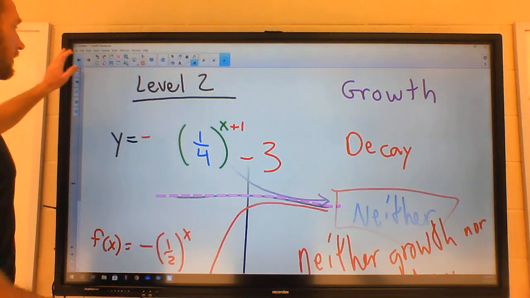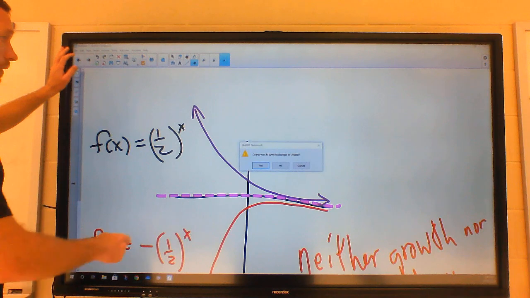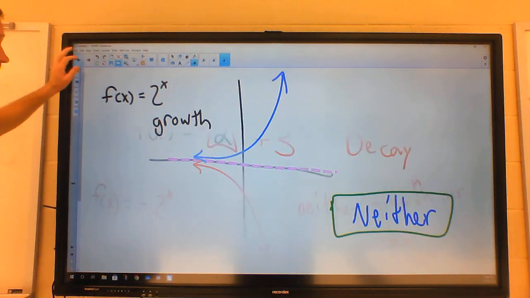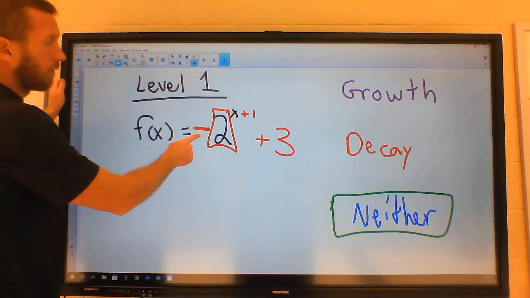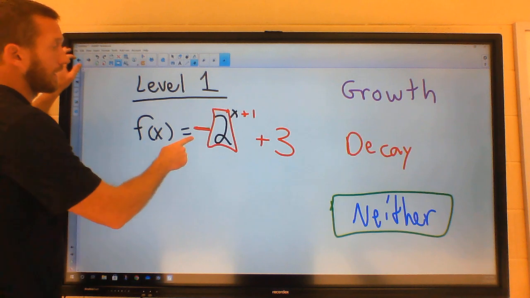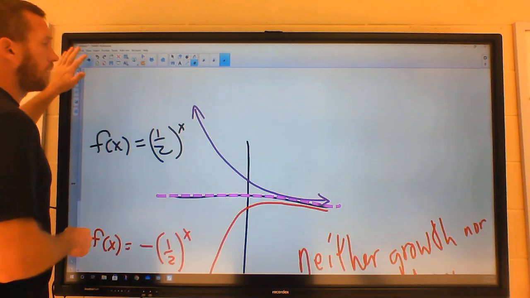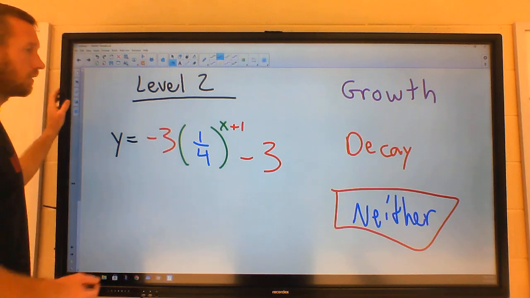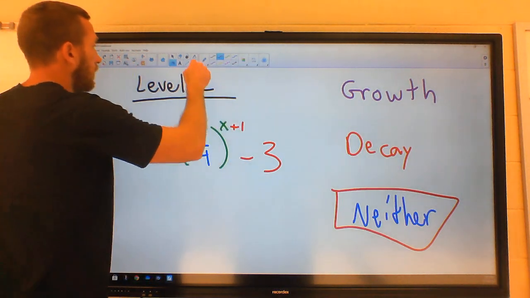In fact, the last problem we did over here, we had the negative, it was just a negative out front. You can think of that as like a -1 out front, or if it's a -3, all the more reason for it to be a neither function.